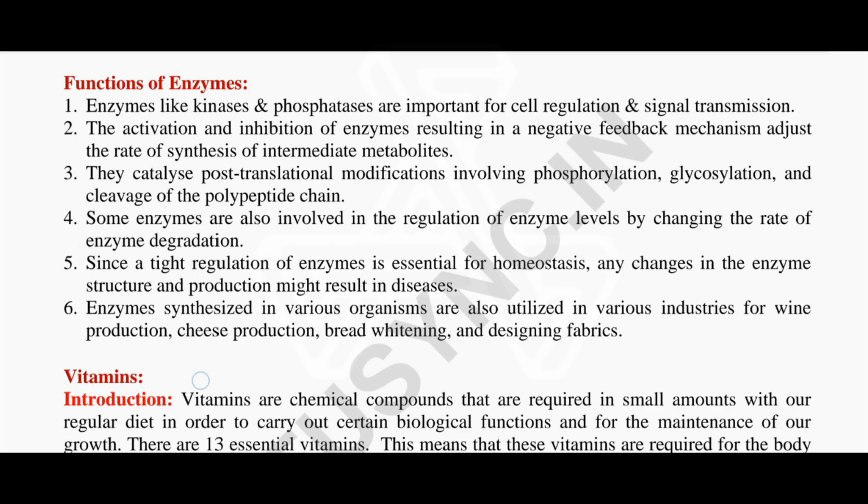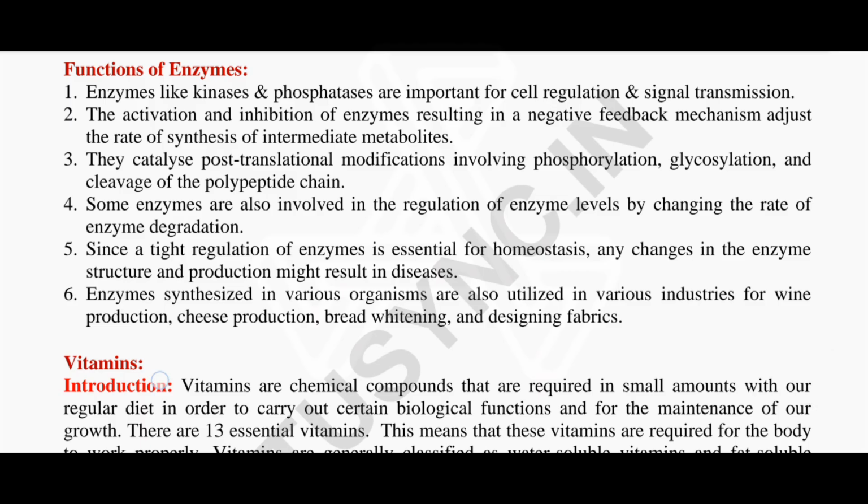They catalyze post-translational modifications involving phosphorylation and glycosylation and cleavage of polypeptide chains. Some enzymes are also involved in the regulation of enzyme levels by changing the rate of enzyme degradation. Since the tight regulation of enzymes is essential for homeostasis, any changes in enzyme structure and production might result in diseases.